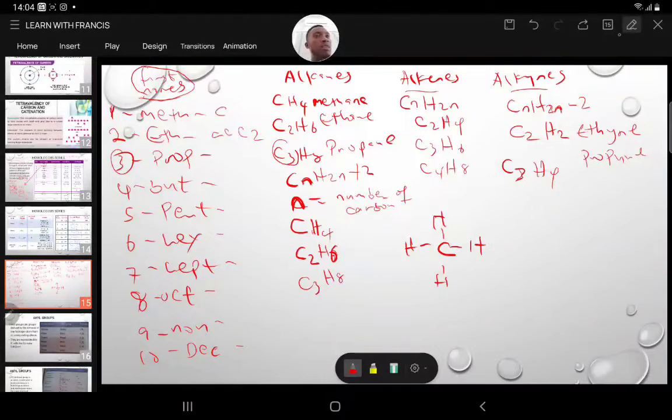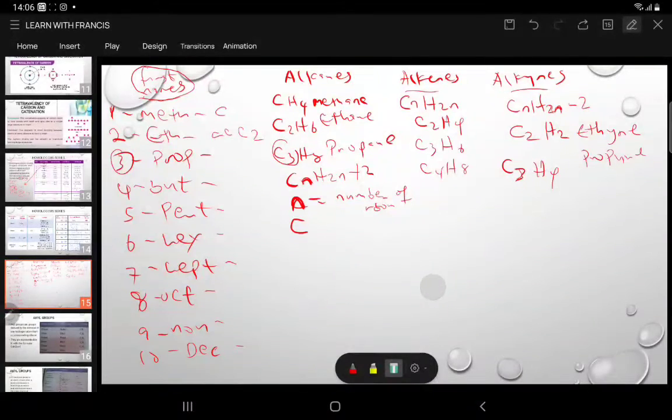So very quickly we get to look at the properties, or what we call characteristics, of homologous series, that is of each family. So I am going to clean this right now so that I'll have enough space.